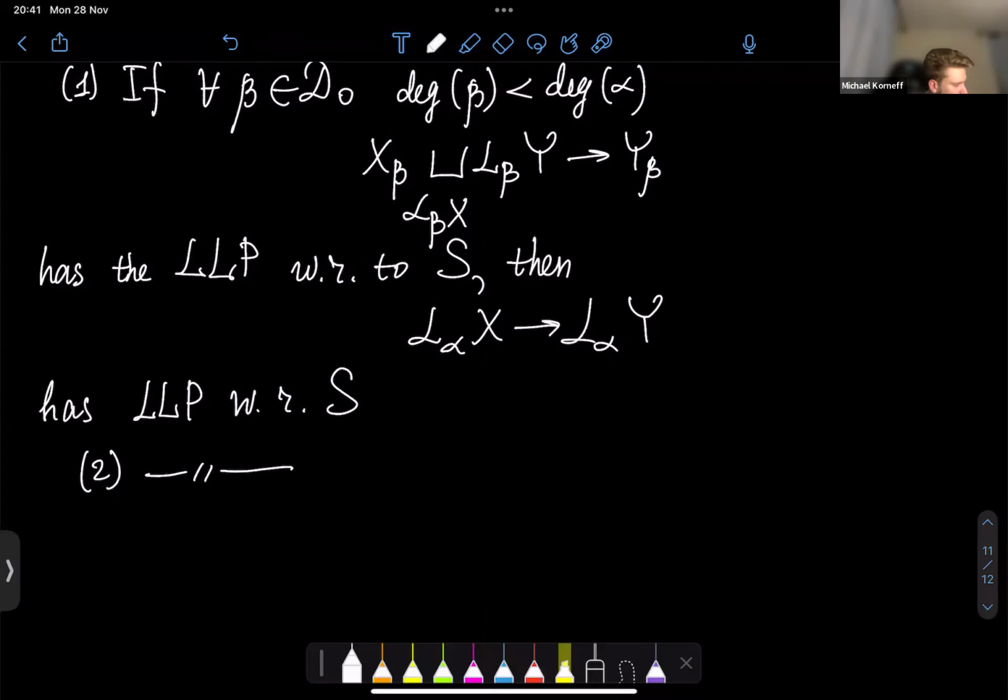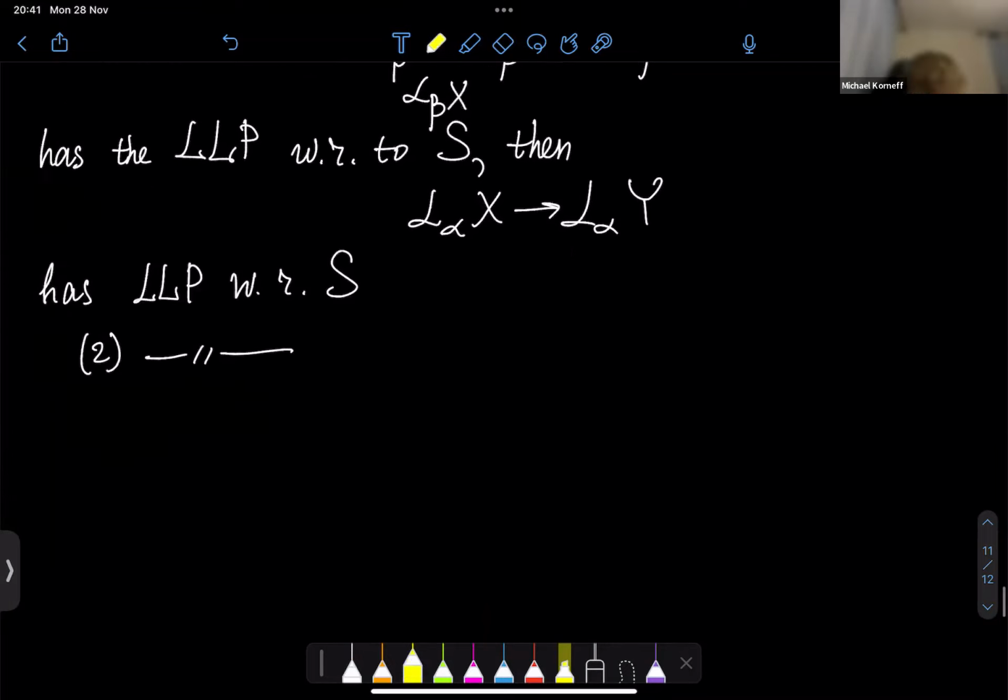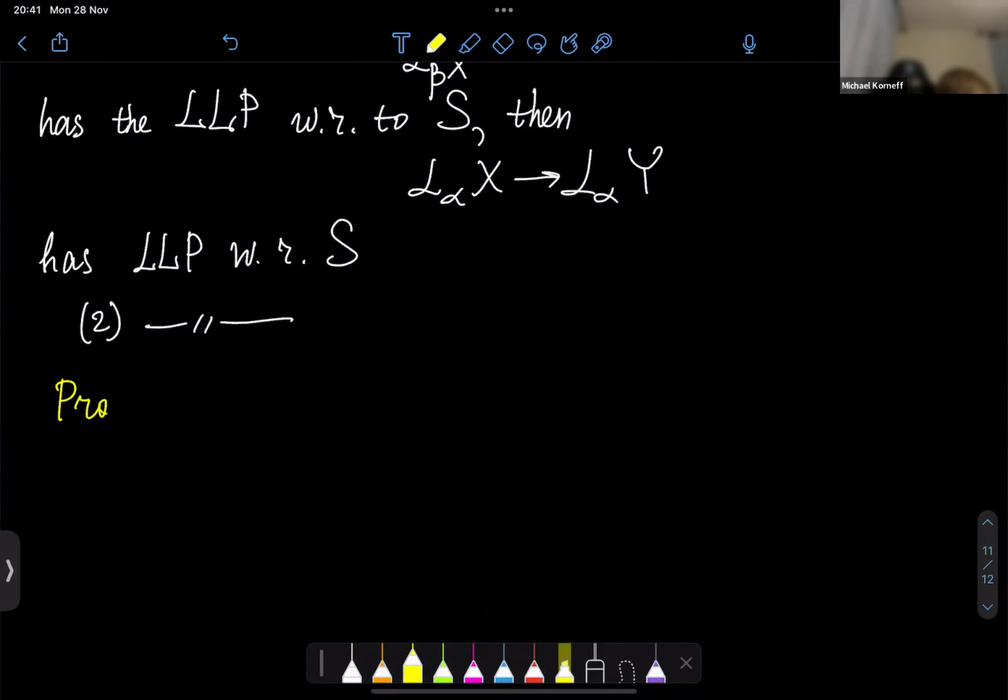So, prove this theorem. We will prove this theorem by induction on the degree.